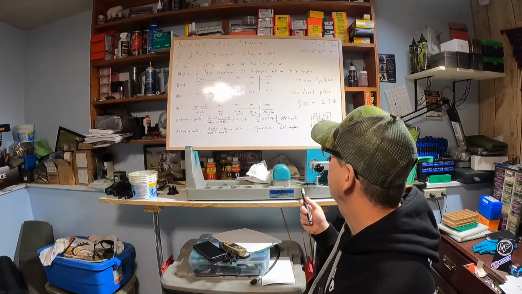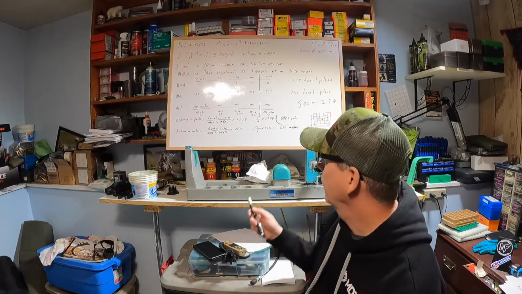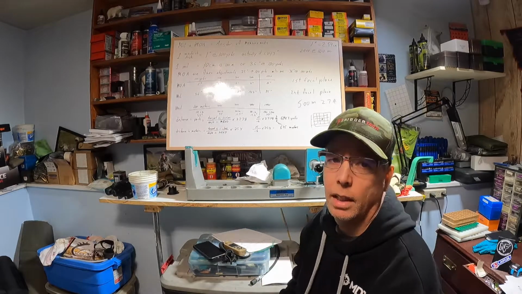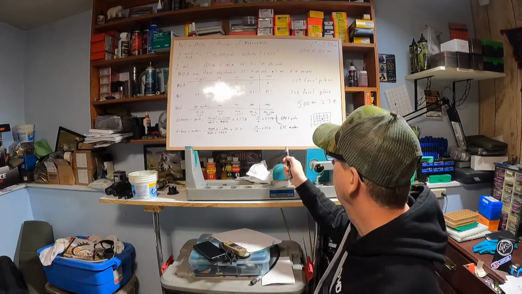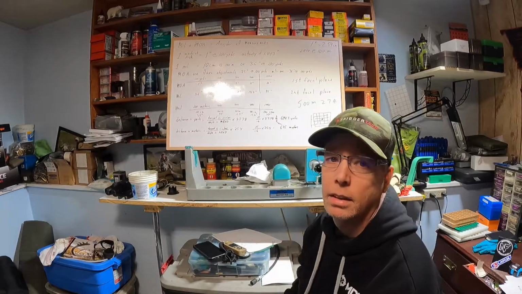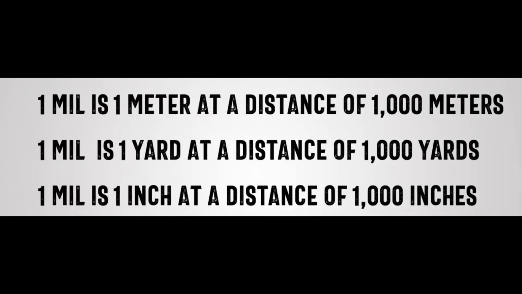If you turn 635 meters into yards, you're going to get that number there, 694.5, or vice versa, you'll get 635. 1 mil is 1 meter at a distance of 1,000 meters. 1 mil is 1 yard at a distance of 1,000 yards. 1 mil is 1 inch at a distance of 1,000 inches.